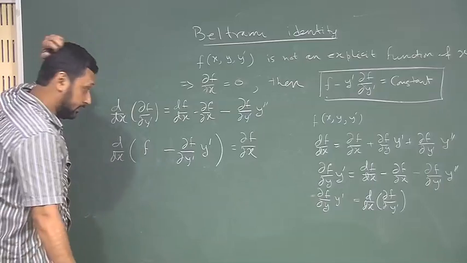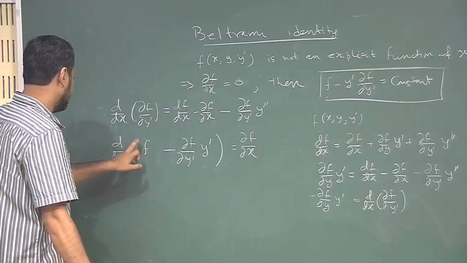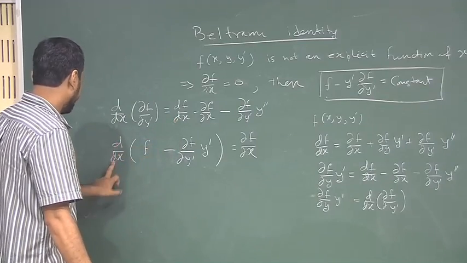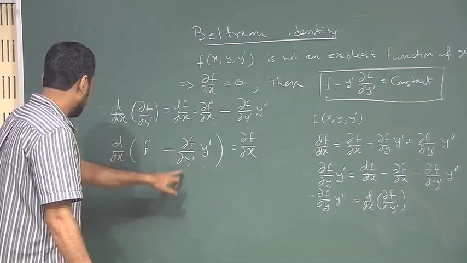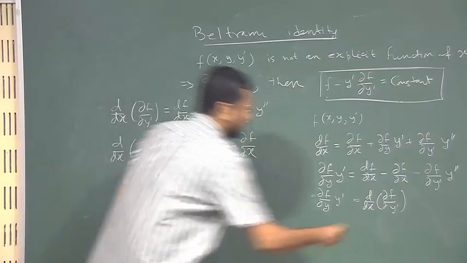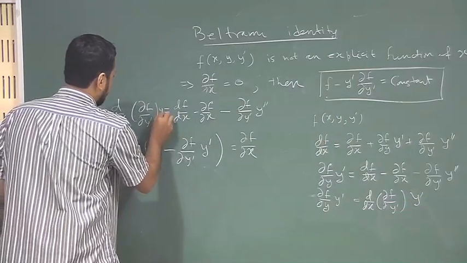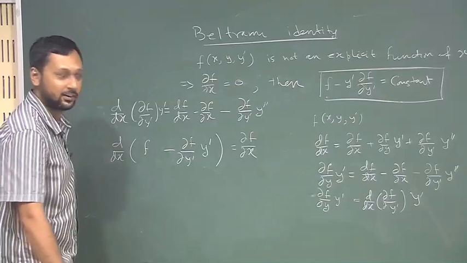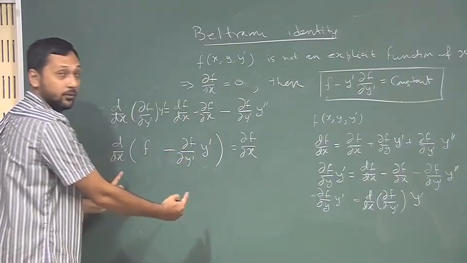Let me check this step once more. If I open this bracket, the first term will be df/dx, which is there, and the second term will be d/dx of ∂f/∂y' times y'. Yes, that is what I was missing, there will be a y' here. Now it all fits, good. Just manipulate this a little bit and you can write it in this form.